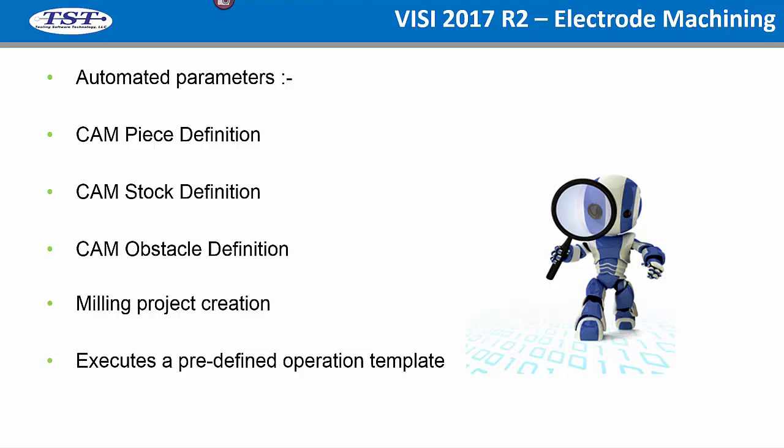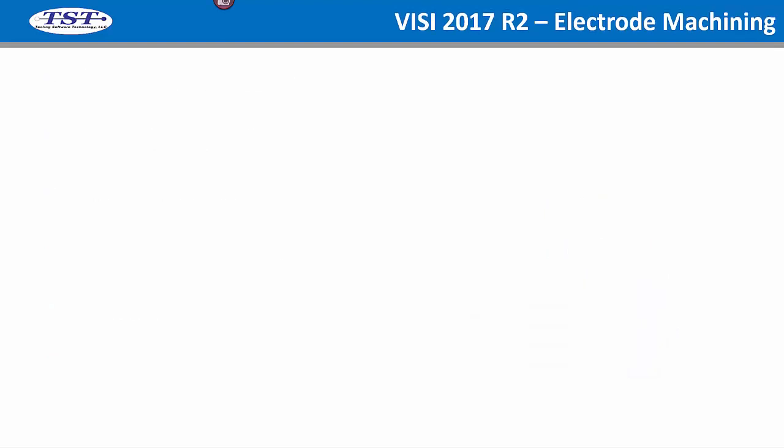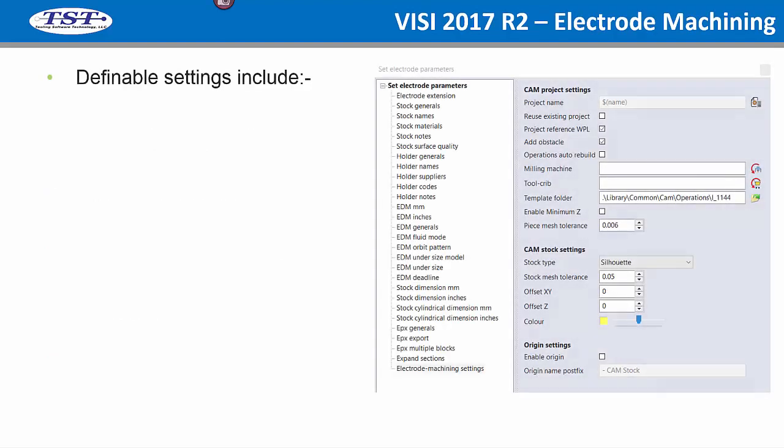Generally, we are going to rough those and maybe semi-finish them all the same. Maybe for some of the really intricate electrodes you might do some additional steps, but primarily those first steps are what we can accomplish with a template.